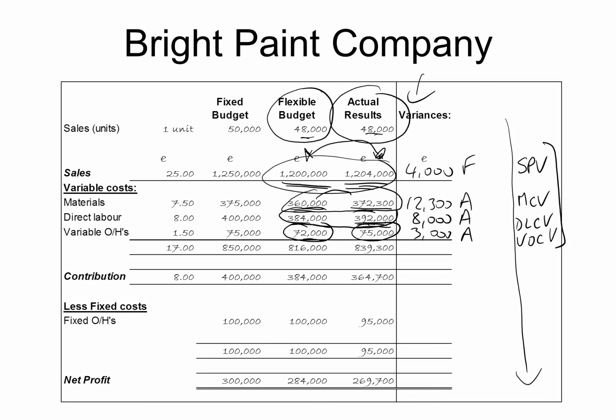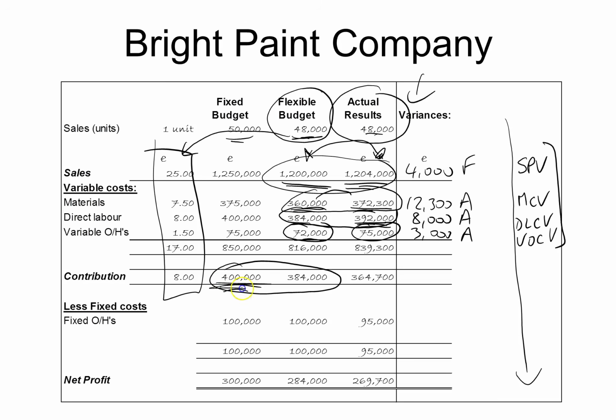We're now going to look at the impact of the change in volume. So we're going to compare these two. We're going to look at the original fixed budget, which was based on 50,000 units, but using the original budgeted prices and costs. We're going to compare it with the flexible budget, which is based on 48,000 units, but based on the same budgeted prices and costs.